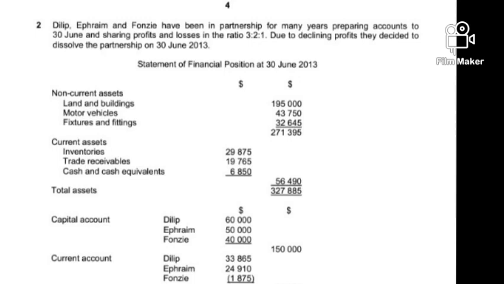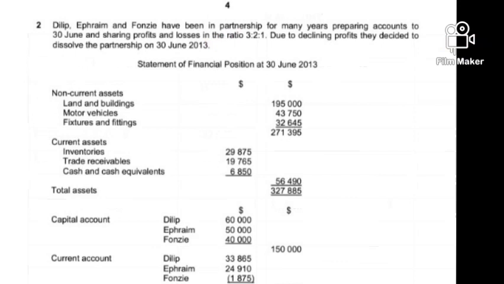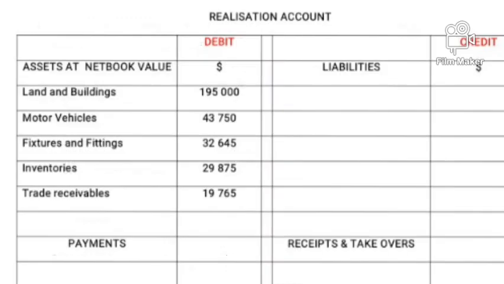So inventories are amounting to 29,875. I am now moving on to trade receivables. Trade receivables have an amount of 19,765. Right. So below the inventories, I'm going to write trade receivables and enter 19,765.